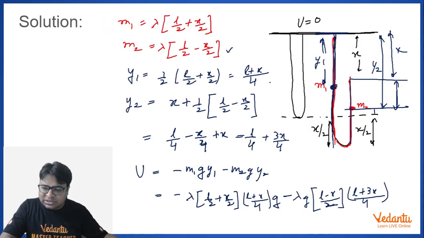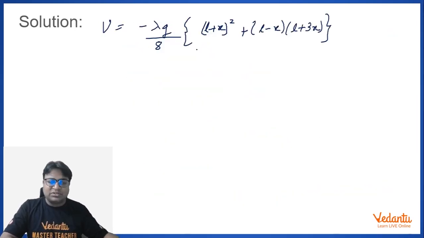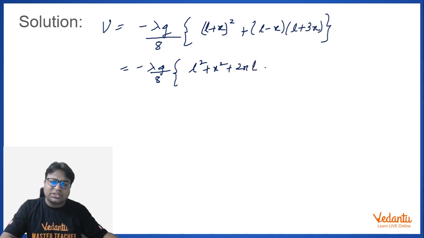Have a look at this, guys. Now we just need to simplify this. So minus lambda g by 8, and then we will have L square plus x square plus 2xL plus L square plus 3xL minus xL minus 3x square.